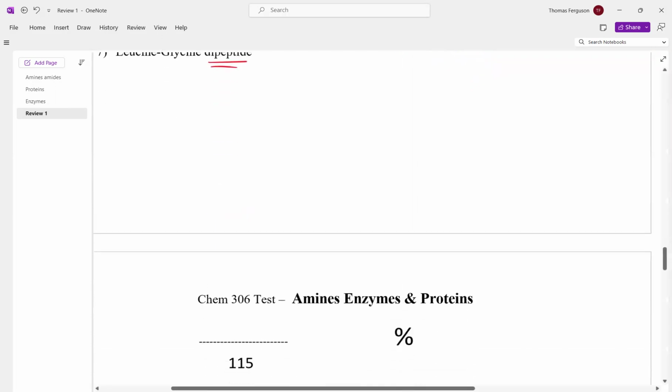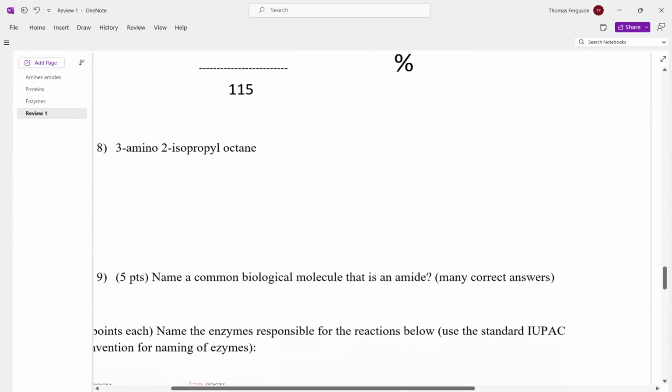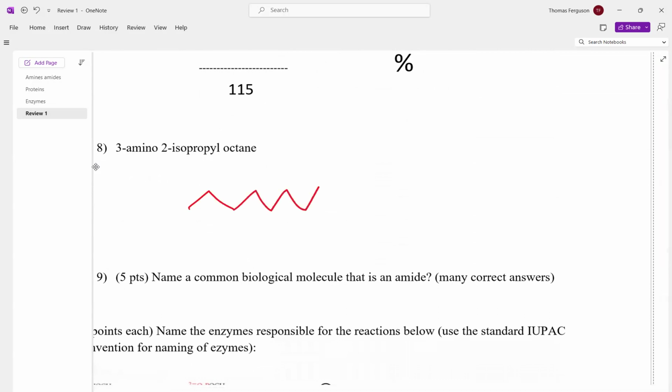Okay, 8 carbon backbone. The amino group is going to be carbon 3.